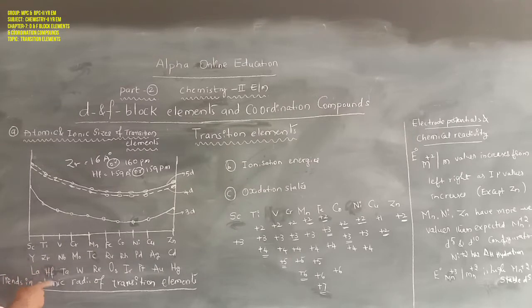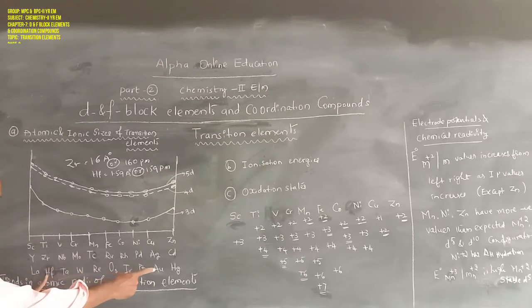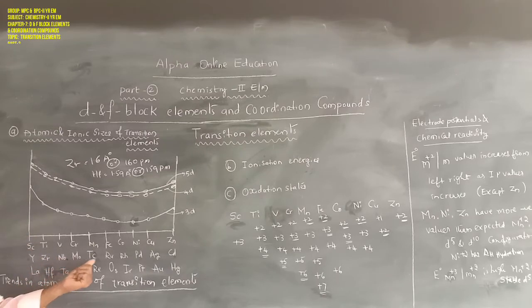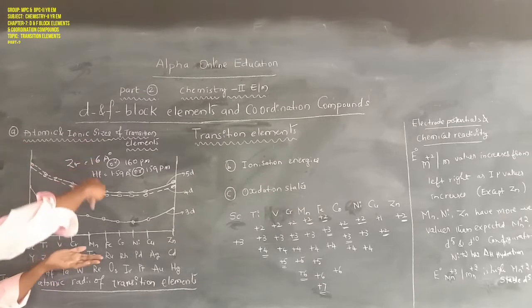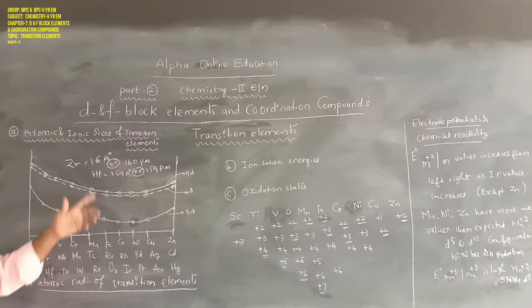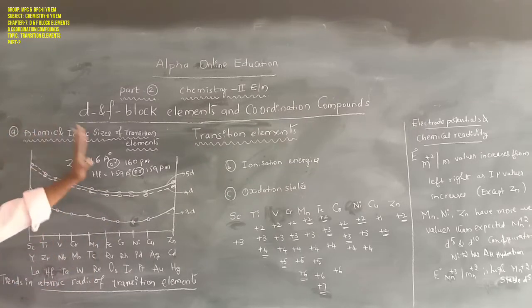The lanthanide contraction influence decides the size of hafnium. That's why the 5d series element sizes are similar to the 4d series element sizes, so the trends in atomic radii of transition elements 4d and 5d are somewhat closer. This is the effect of lanthanide contraction.